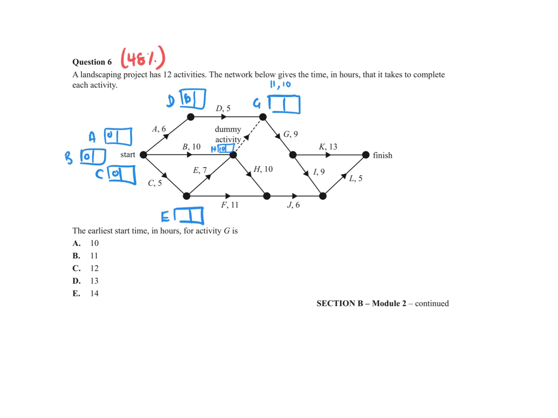And then if I go along via E, E would be 5. What's 5 plus 7? That would make 12. So you can see 12 is actually the earliest starting time. So you could just stop there if you like. You don't need to go all the way through and backtrack because there's no other questions on it. So we'll just stop there.